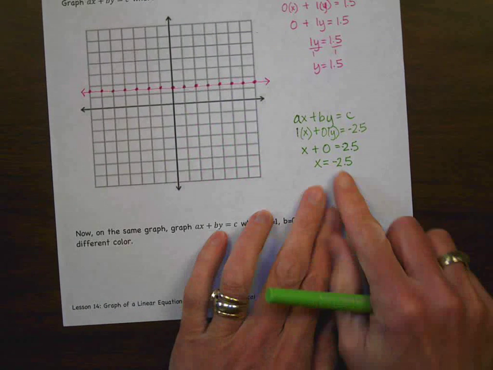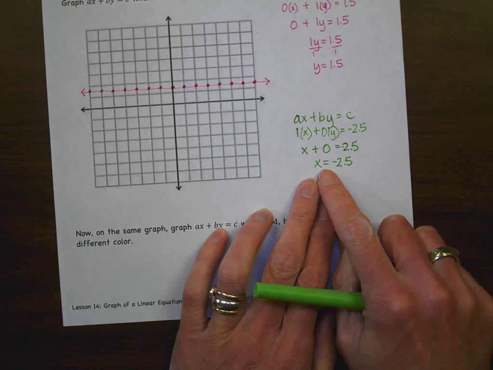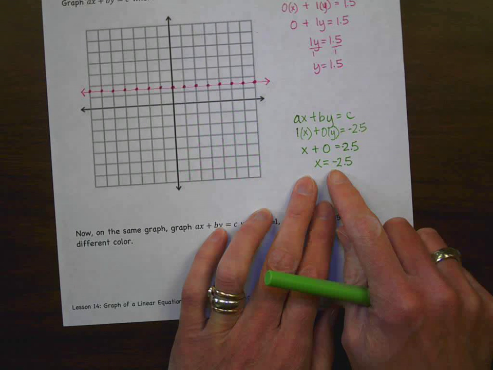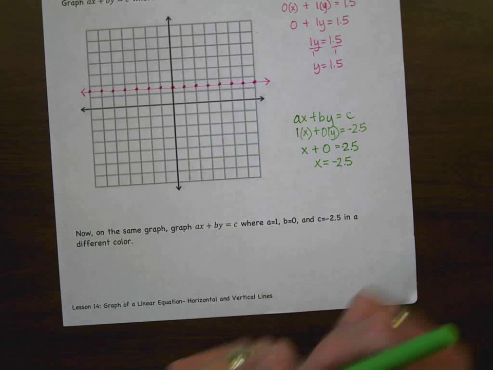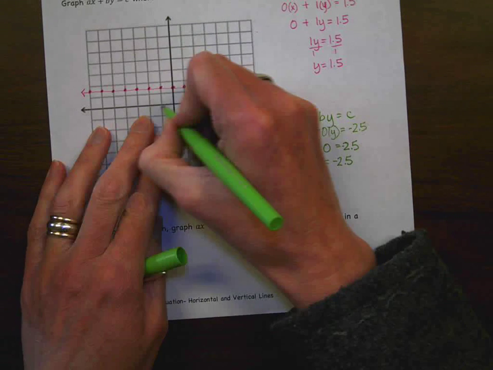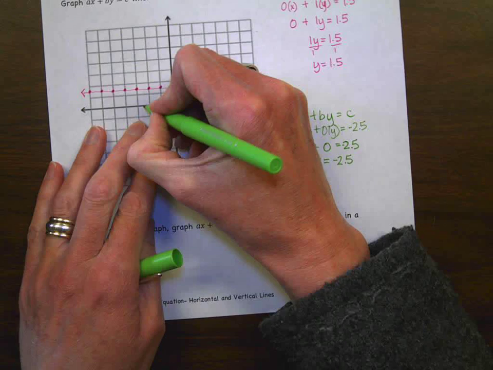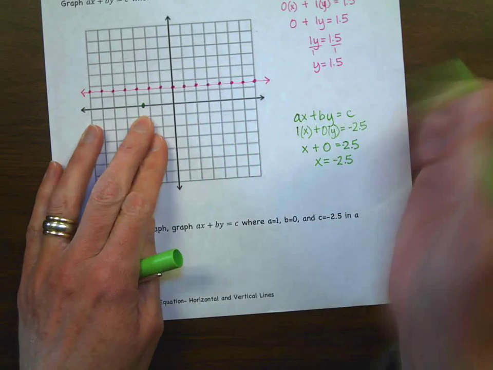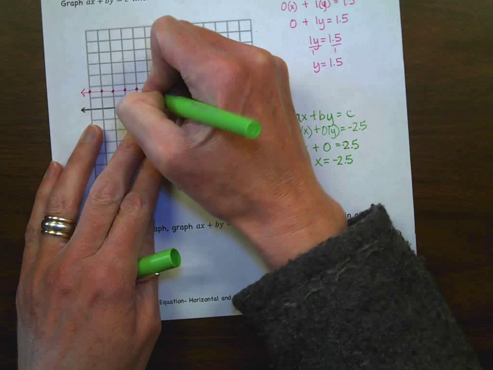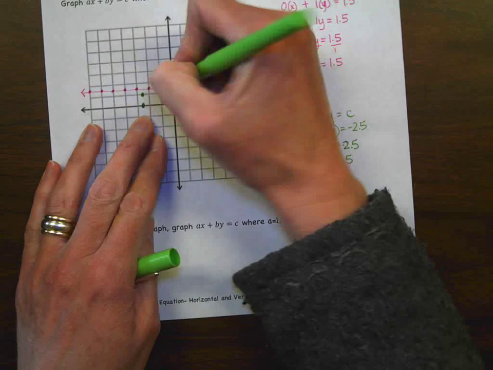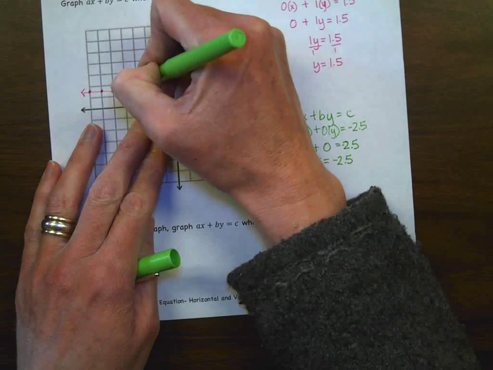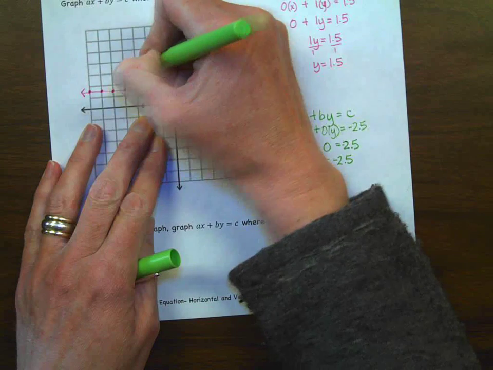So now that's telling us that anytime x is used, it is going to be negative 2.5. It doesn't matter what the y is. If y was 0, you would go to the left 2.5 and put a dot. If y was 1, you would go to the left to negative 2.5. If it was 3, same deal.